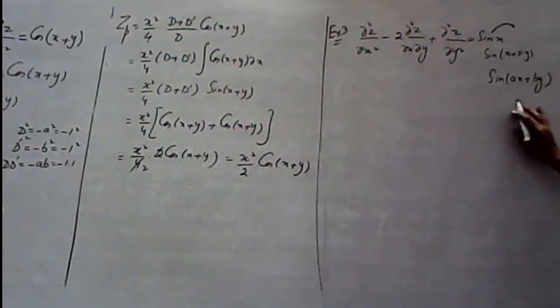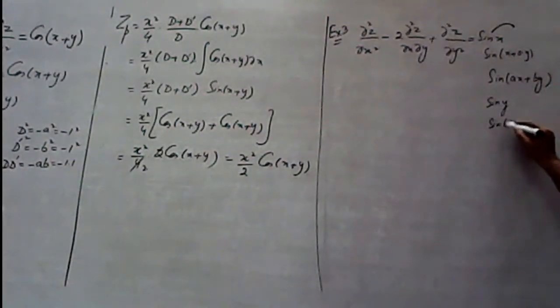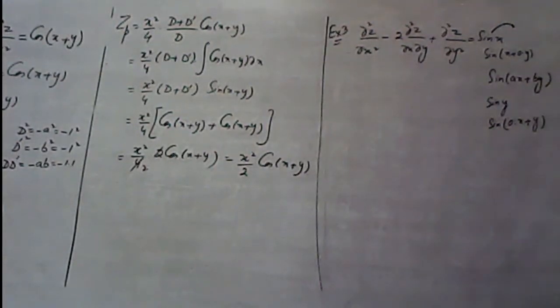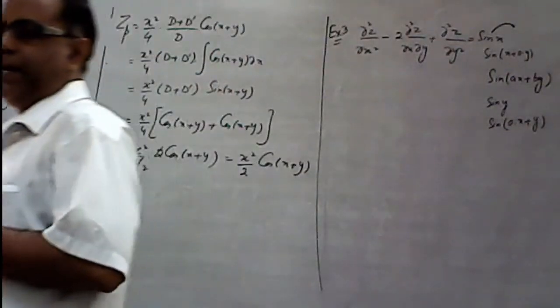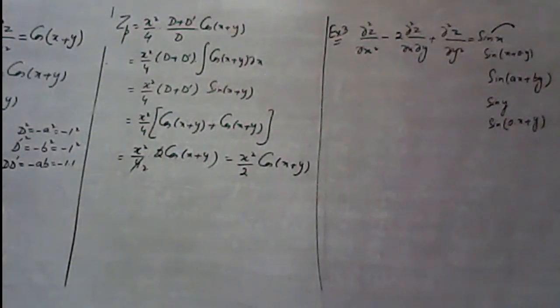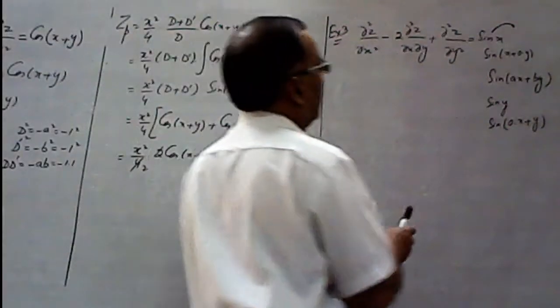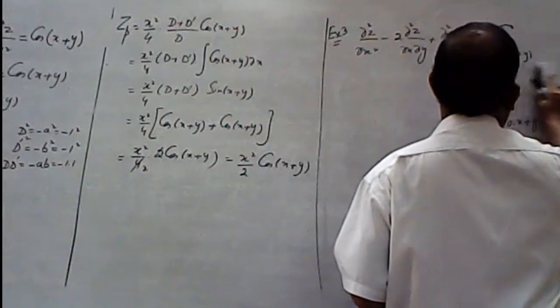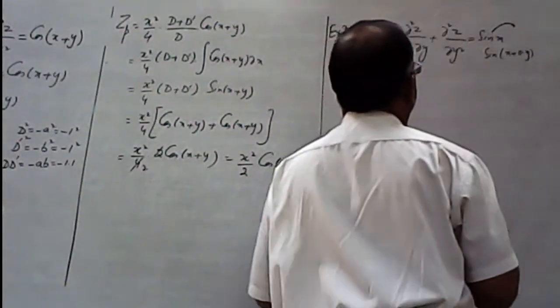Or the other way around, if you have, let's say, sine y, it means the value of a is 0, because we can write 0 into x plus y. So that is why I am doing this example, to give you an idea about the values, how you will consider the values.